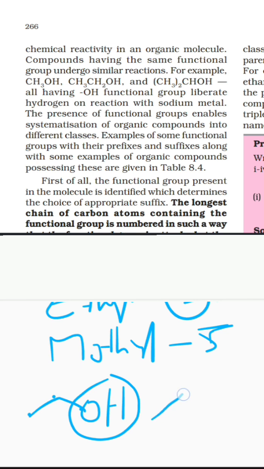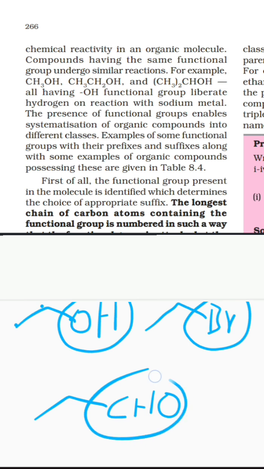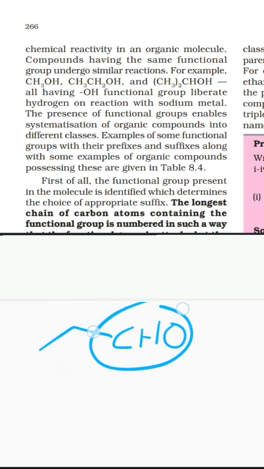And suppose we have propane like this, and we are giving bromo here. So this bromo is a functional group. And if we have a functional group like this, it is the aldehyde functional group. And if we have propane like this, and here we have a keto group, that is also a functional group.